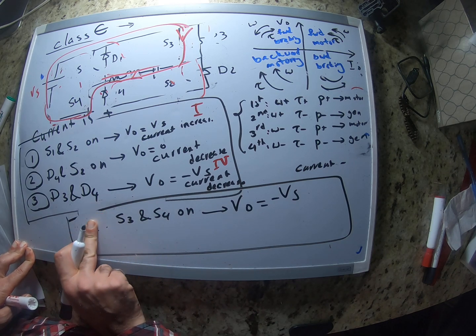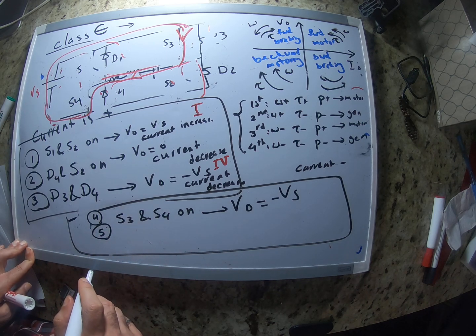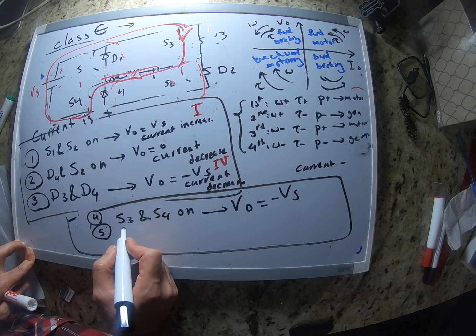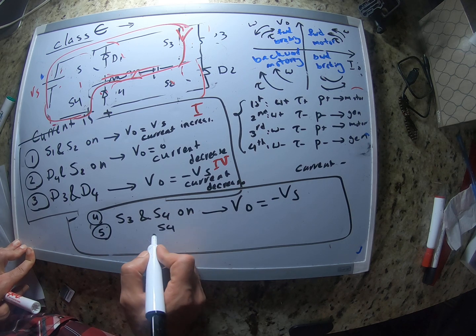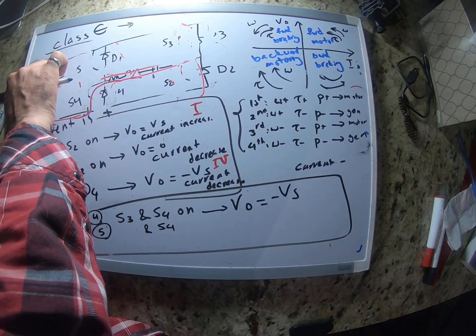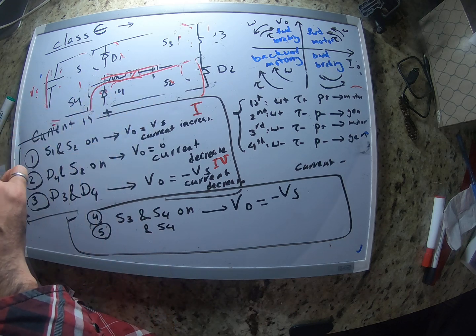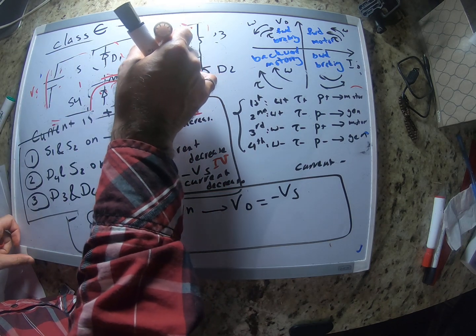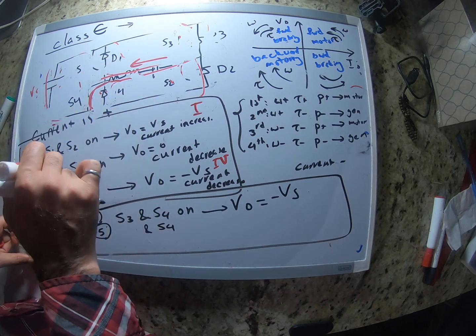Then after that we can have, let's say, S3 goes off, but S4 is still on. So we have current going through the inductor in this direction, and S4 is on.